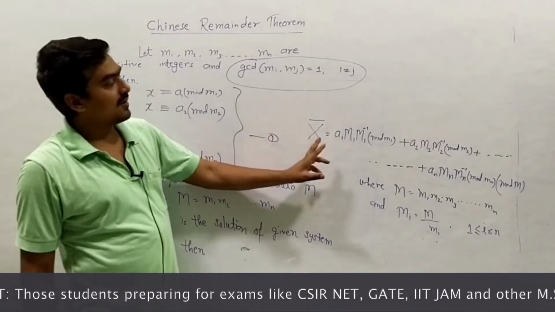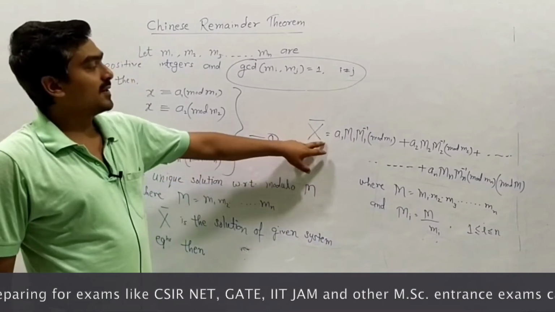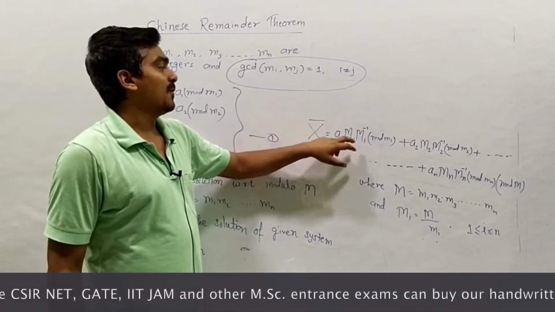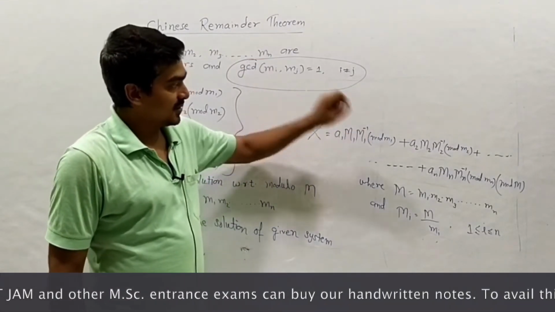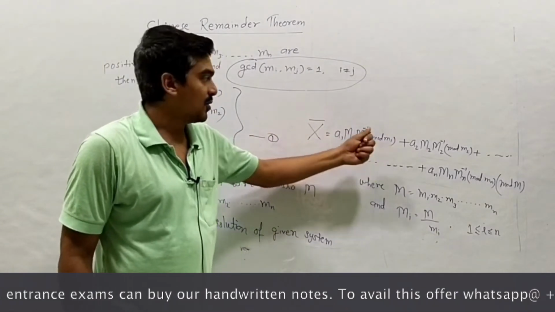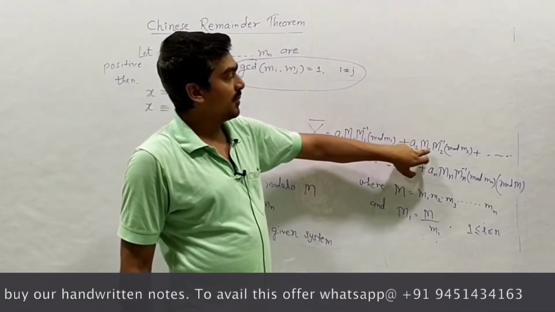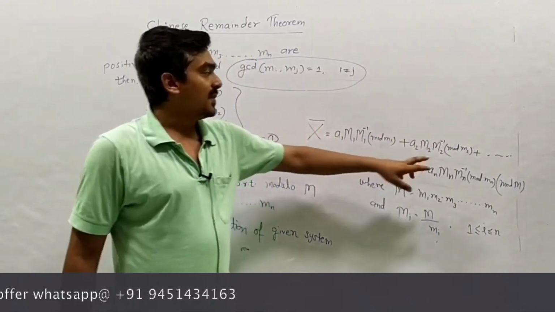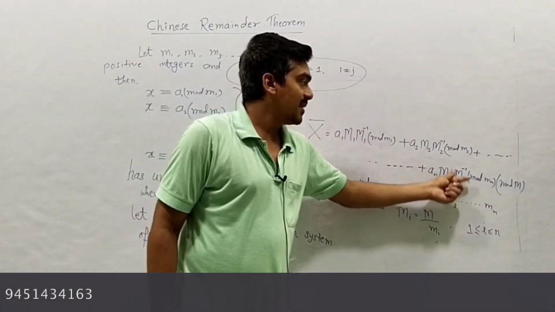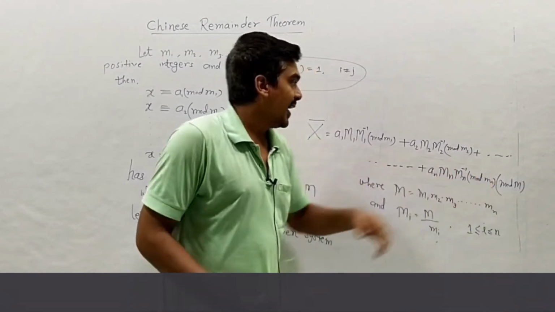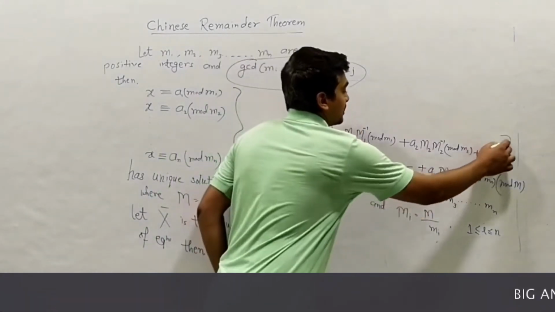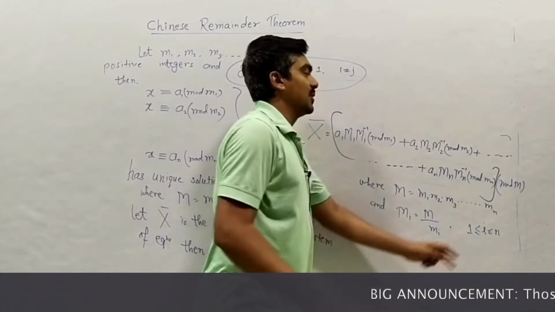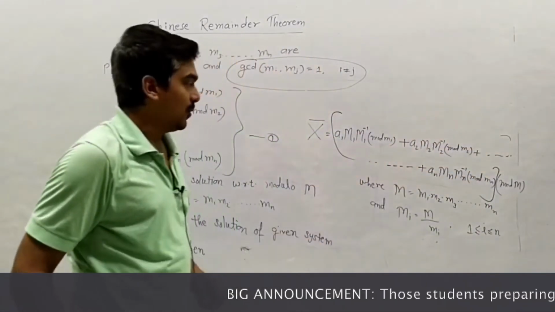and the solution is given by x bar is equal to a1 M1 M1 inverse mod m1, plus a2 M2 M2 inverse, this is taken over mod m2, plus and so on up to an Mn Mn inverse mod mn, and this whole term is taken over mod M. And what is M?